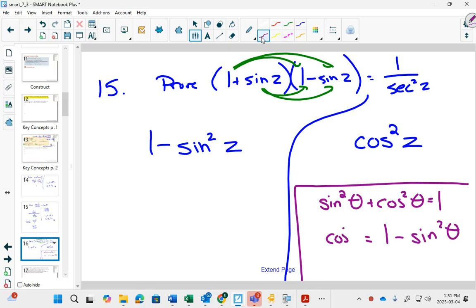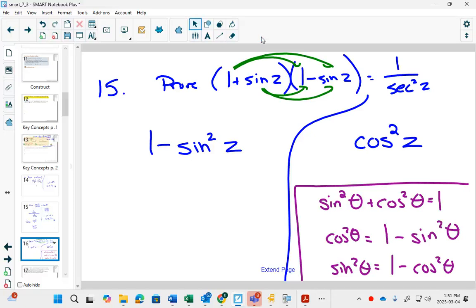Cos squared. Can you see you could have done the same thing and got sine squared by itself and had 1 minus cos squared theta. Because you can do that in only one mental math step. Can you see I could get 1 minus sine squared theta by just doing one mental math step of moving sine squared over to the other side?